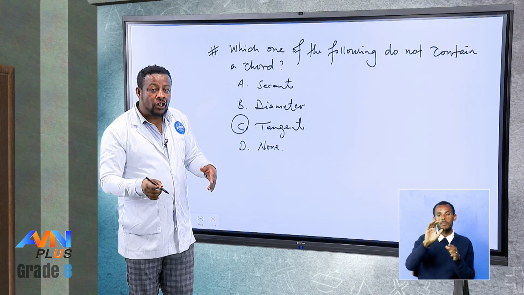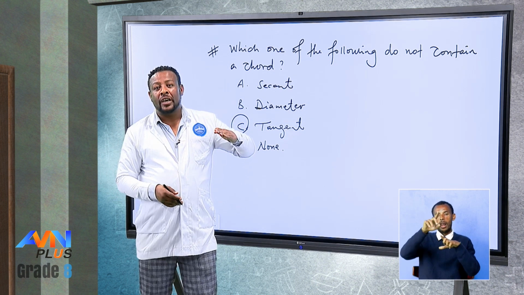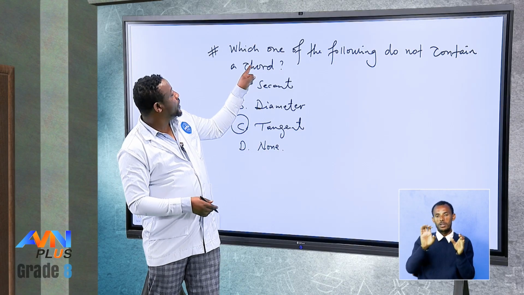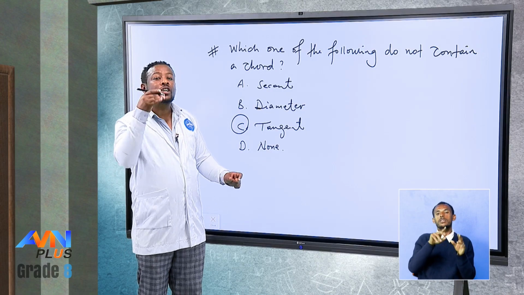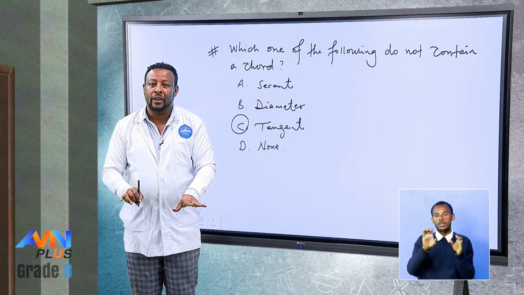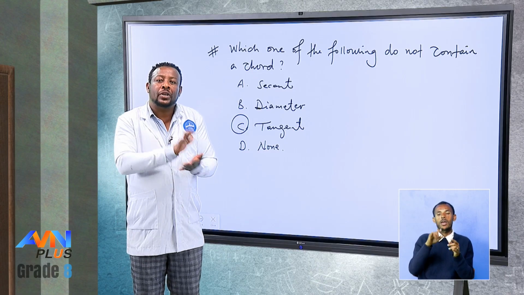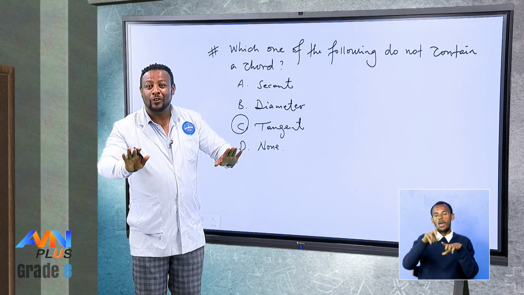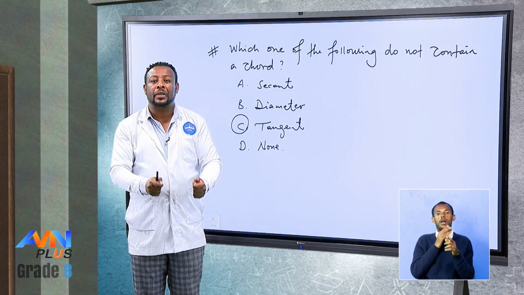By definition, a tangent of a circle is a line that touches a circle at only 1 point, but a chord touches the circle at 2 points. So there is no way for a chord to be on a tangent line, okay? So a tangent line do not contain a chord. So for this question, our answer should be C.